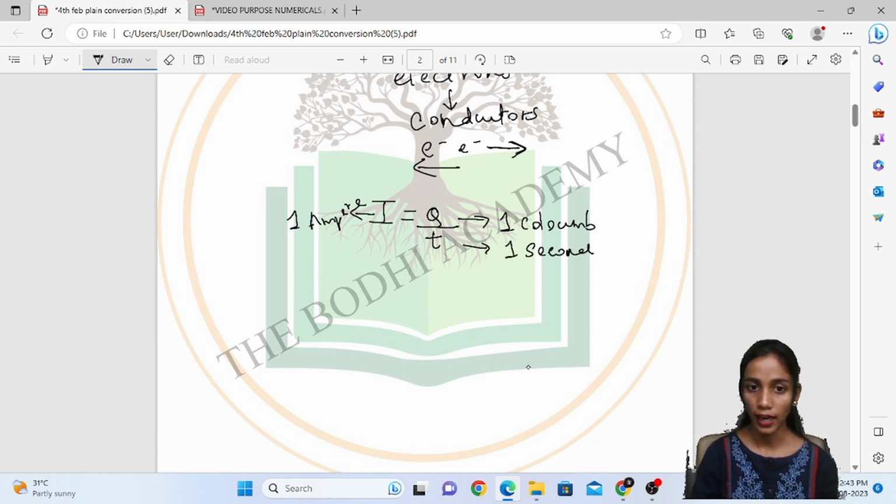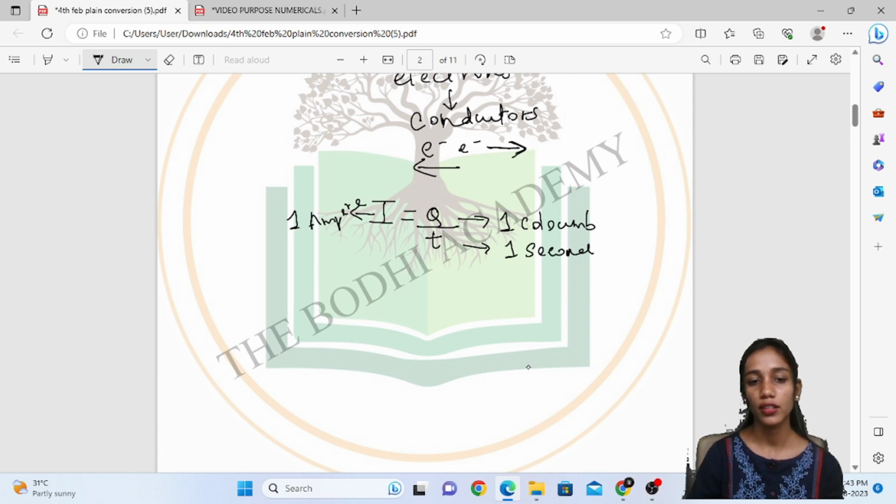So we can say that 1 ampere of current is flown through a conductor when 1 coulomb of charge is flowing through the conductor in 1 second. Now, how do we measure this current?